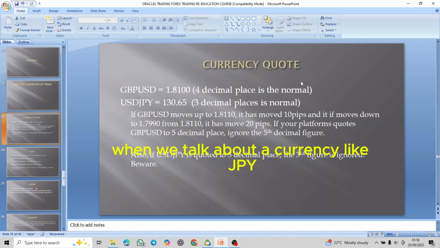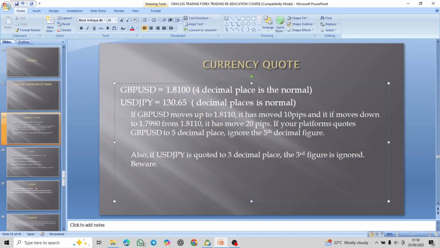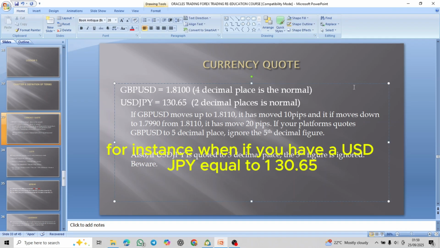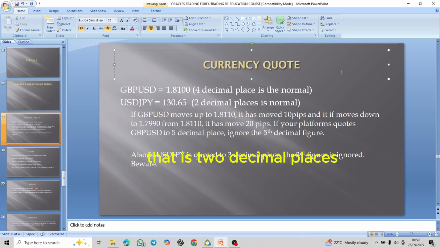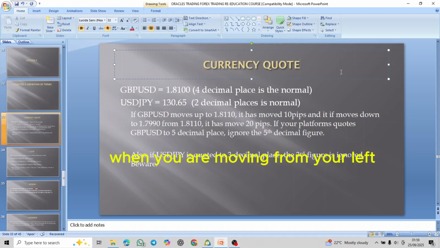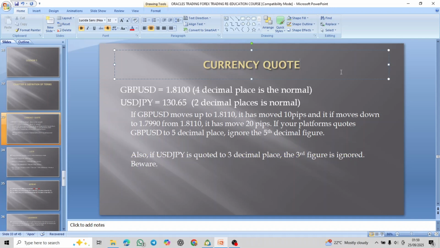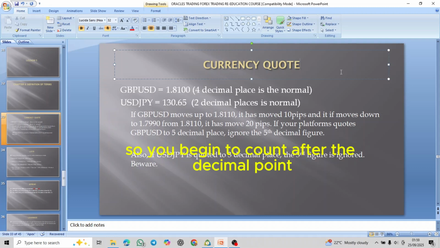When we talk about currency like JPY, it is usually to 2 decimal places. For instance, if you have a USD JPY equal to 130.65, that is 2 decimal places. Decimal places are counted after the point, moving from the left hand side to the right hand side of the code. So you begin to count after the decimal point.